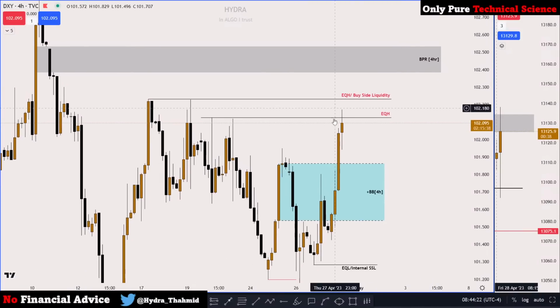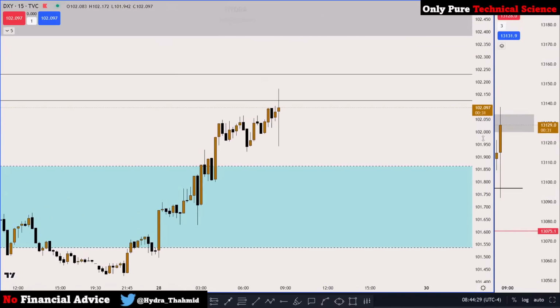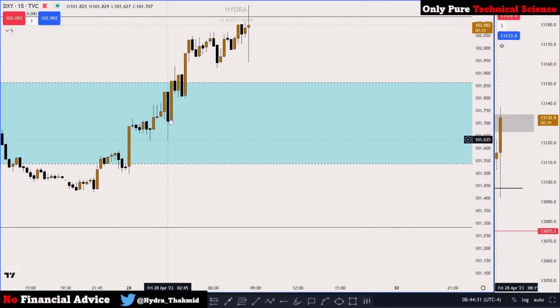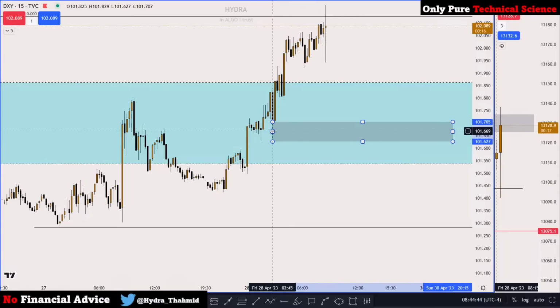But if price drops after taking out this equal high, okay, let's look at the 50-minute chart. Where can price go? Price can come down to this rejection block. If dollar is dropping, I'm not expecting that, but if it's dropping, I'm expecting a run on this rejection block here, at least a run on this rejection block.